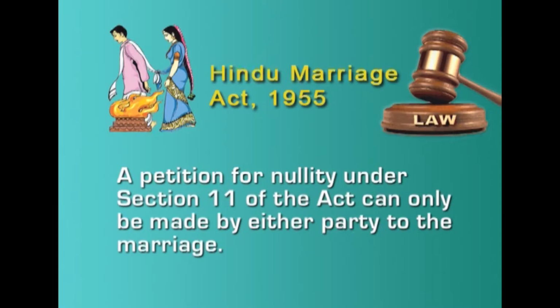A petition for nullity under Section 11 of the Act can only be made by either party to the marriage. A third party may question the validity of the marriage and contest the rights claimed under such void marriage. Grounds like lunacy, impotency, pre-marriage pregnancy, consent by fraud render the marriage voidable under Section 12.